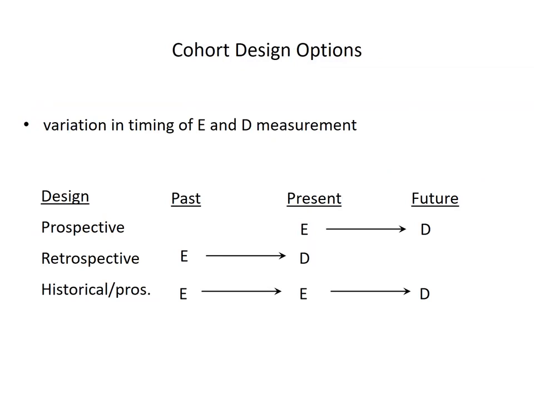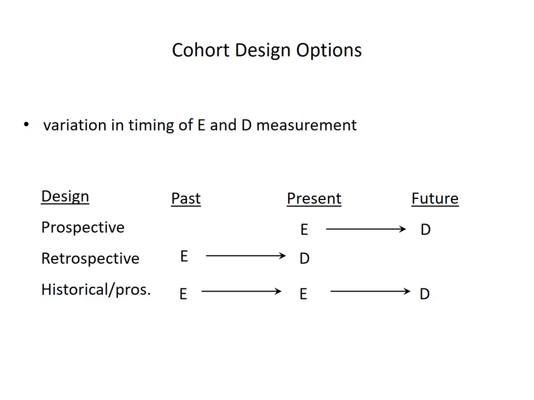So, cohort study design options can be classified into three types: prospective and retrospective, which are the most common, and historical prospective. In a prospective design, we start with the present, we assess the exposure, and we follow up into the future until the occurrence of the disease or outcome of interest.